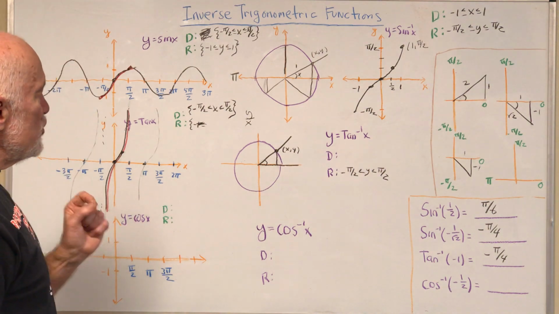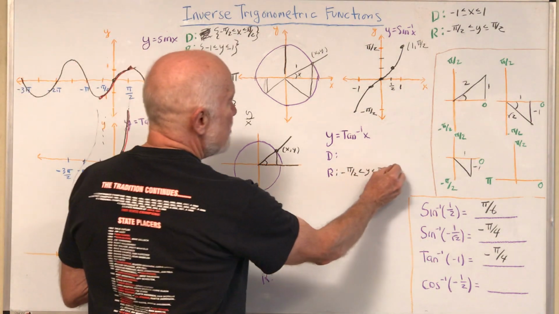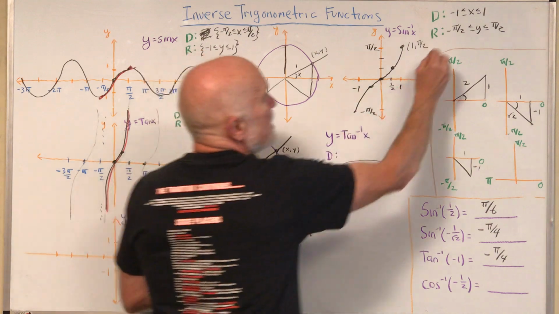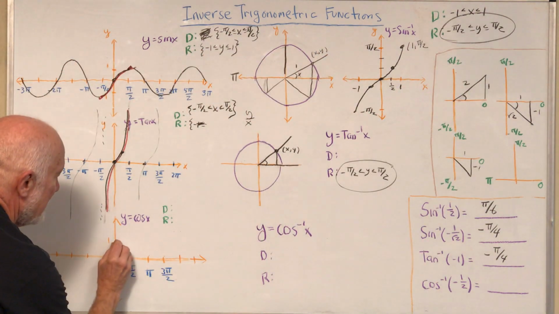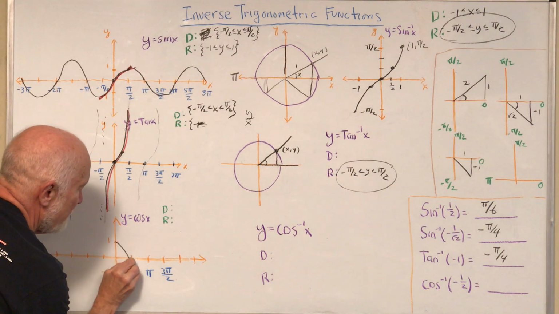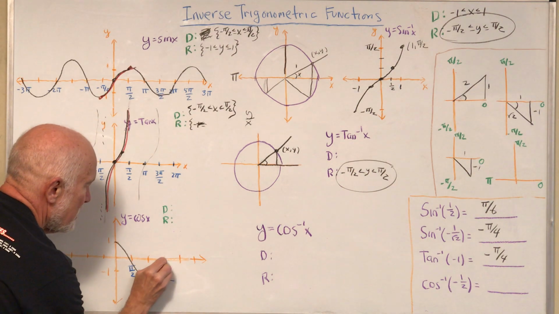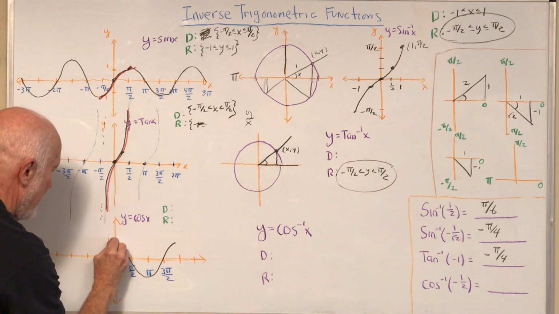But just to quickly show you that the range doesn't always go from negative pi over 2 to pi over 2, take the cosine. I think you know the cosine function goes like this.